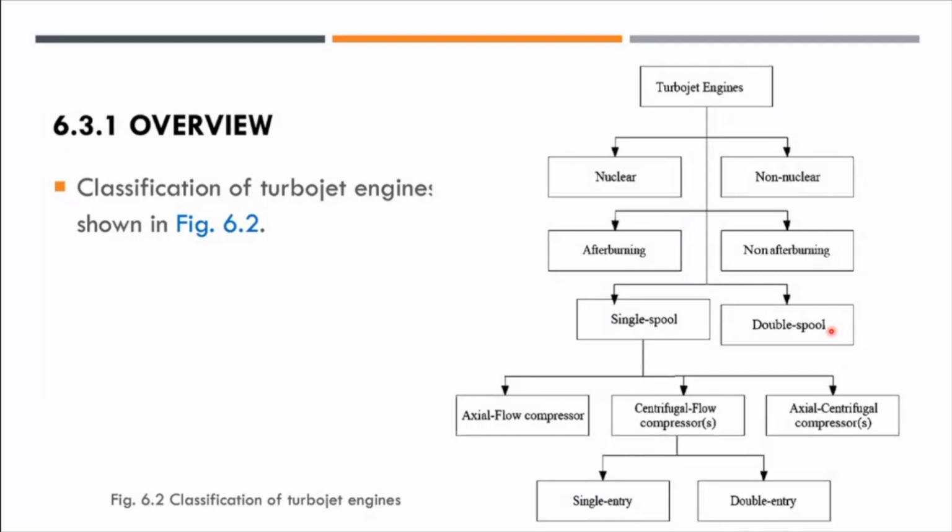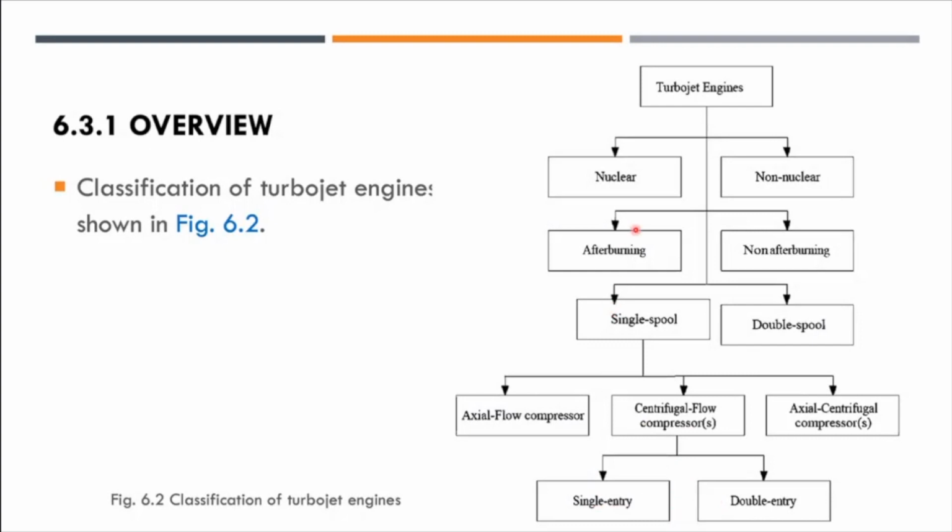For single spool, whether it uses an axial flow compressor, a centrifugal flow compressor, or a combination of the two, axial as well as centrifugal. With regards to the centrifugal flow compressor, whether it is a single entry or a double entry.